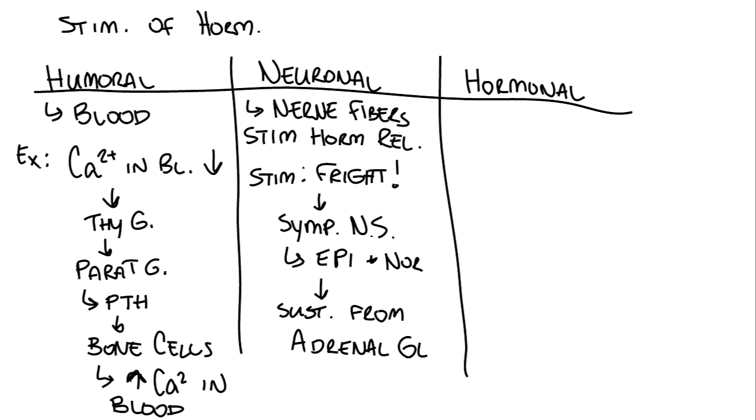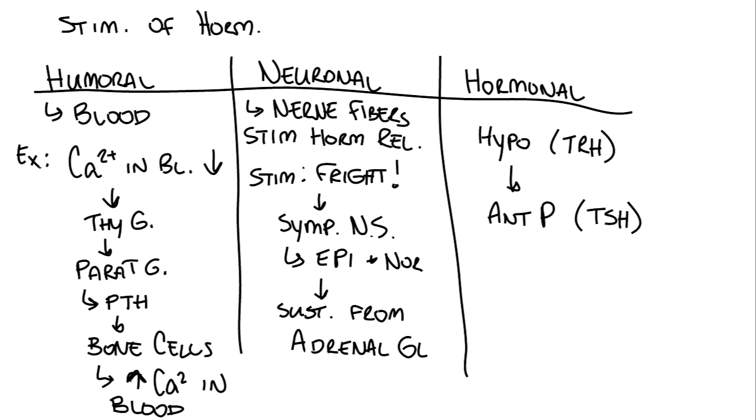So what about hormonal stimulation? Basically what that means is when one hormone is released, it causes the release of another hormone. Let's do an example to make that clear. We did this one earlier. If we have the hypothalamus, and that hypothalamus releases the hormone TRH, thyrotropin releasing hormone, that releasing hormone travels to the anterior pituitary and tells those cells there to make TSH, or thyroid stimulating hormone.